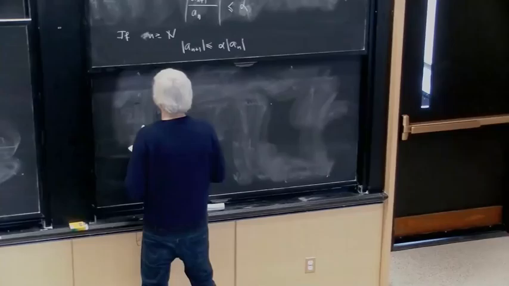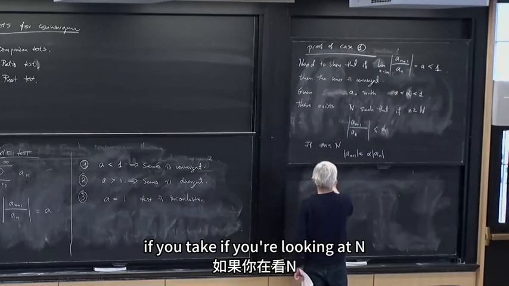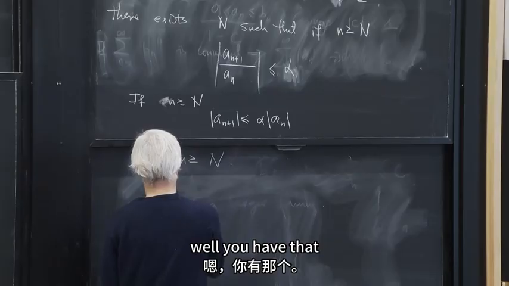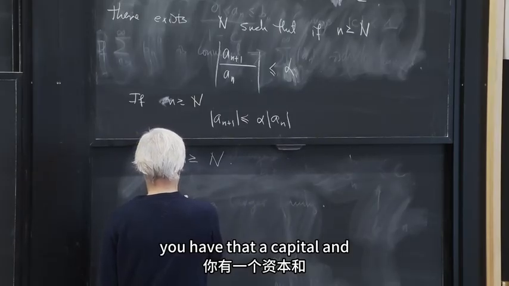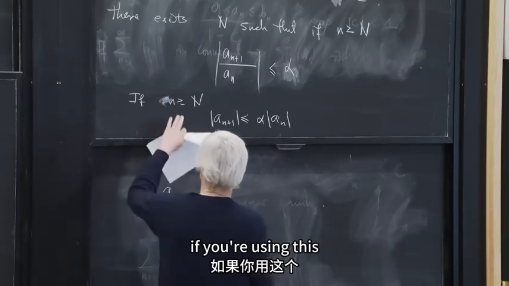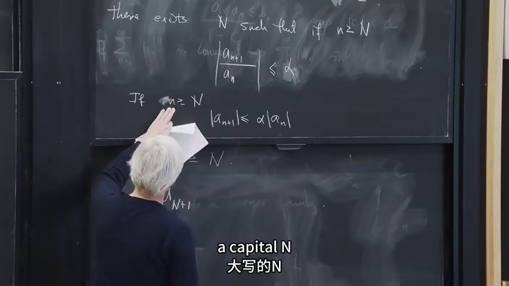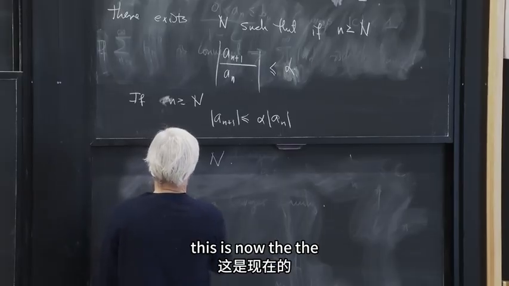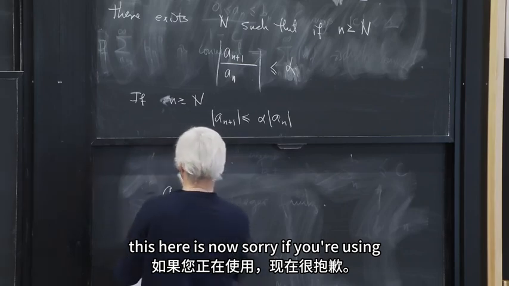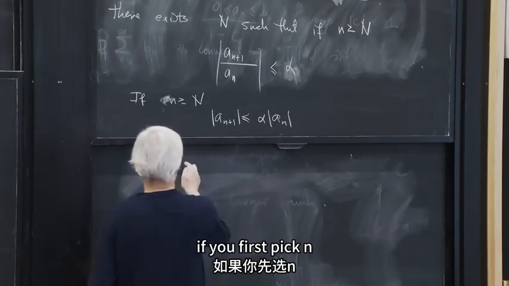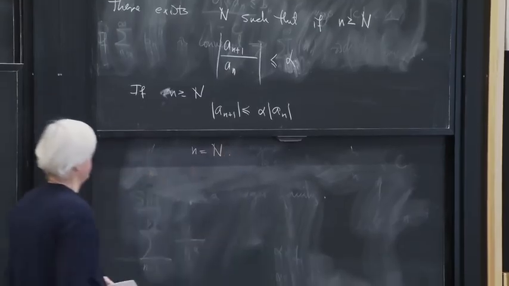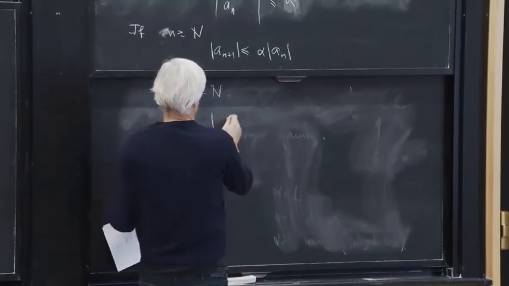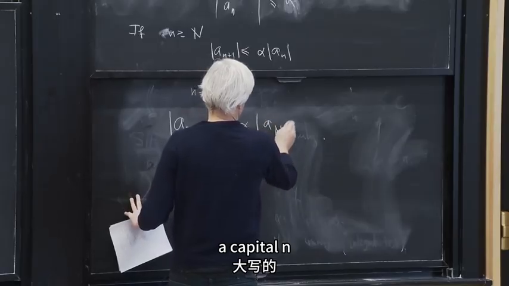But this means, of course, that if you're looking at n bigger or equal to this capital N, then if you first pick n equal to capital N, this inequality tells you that a_{N+1} is less or equal to alpha times a_N.